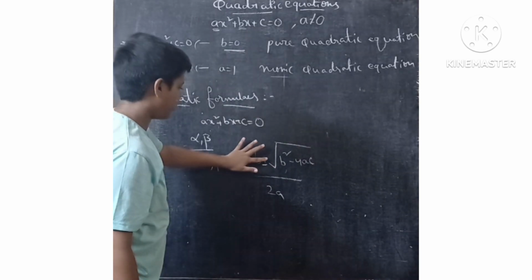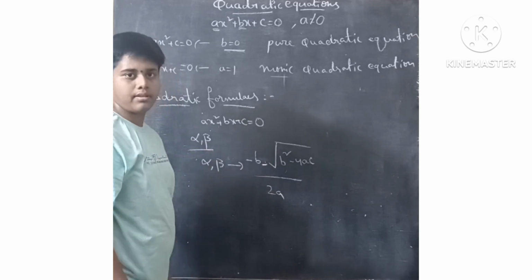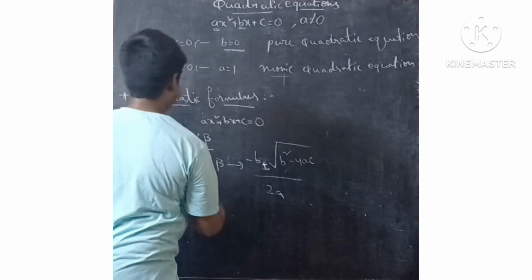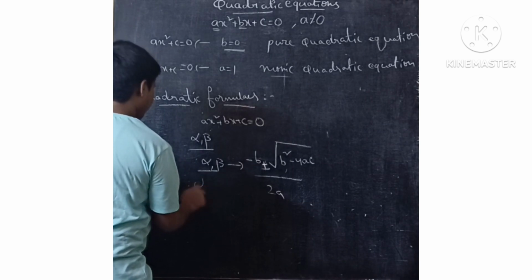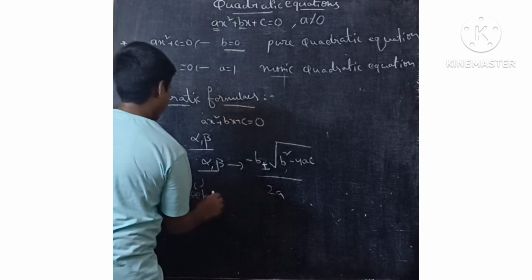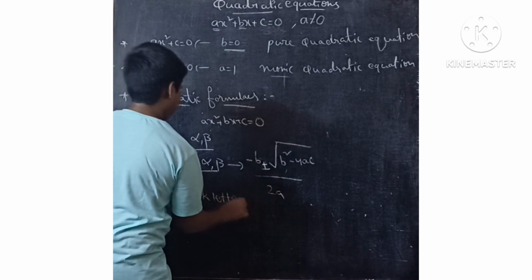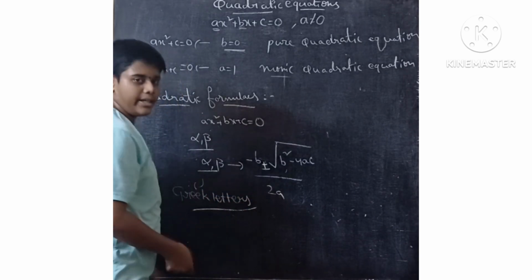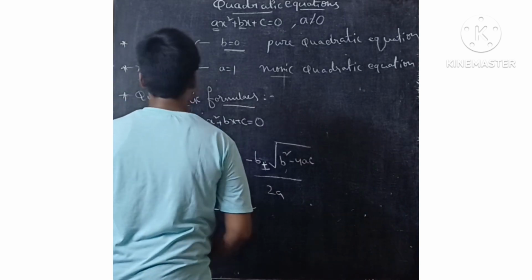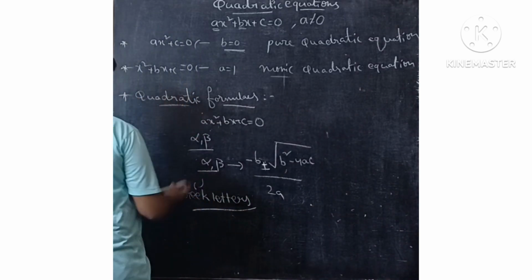Okay. So in first condition minus and in other condition plus. So these are the two roots. Alpha and beta are the Greek letters which are used to show the roots of a quadratic equation. Okay. And this is the quadratic formula.